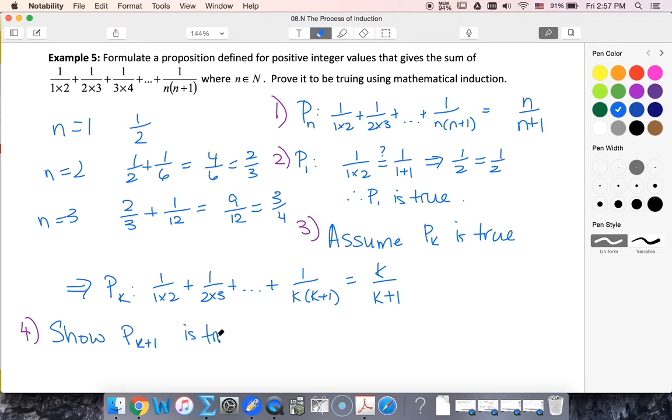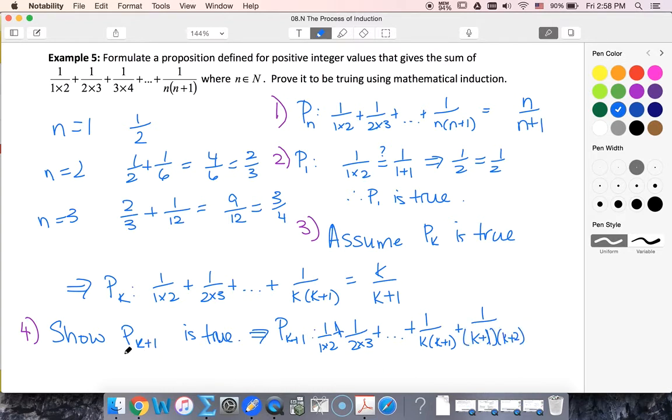So P sub k plus 1 will be that 1 over 1 times 2 plus 1 over 2 times 3 plus 1 over k times k plus 1 plus 1 over k plus 1 times k plus 2.